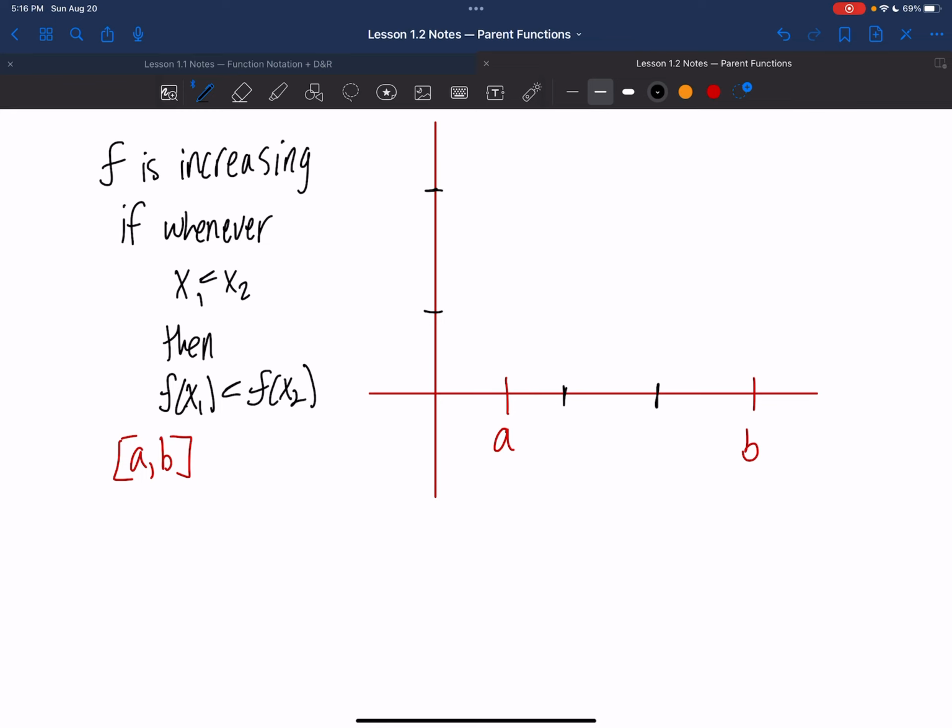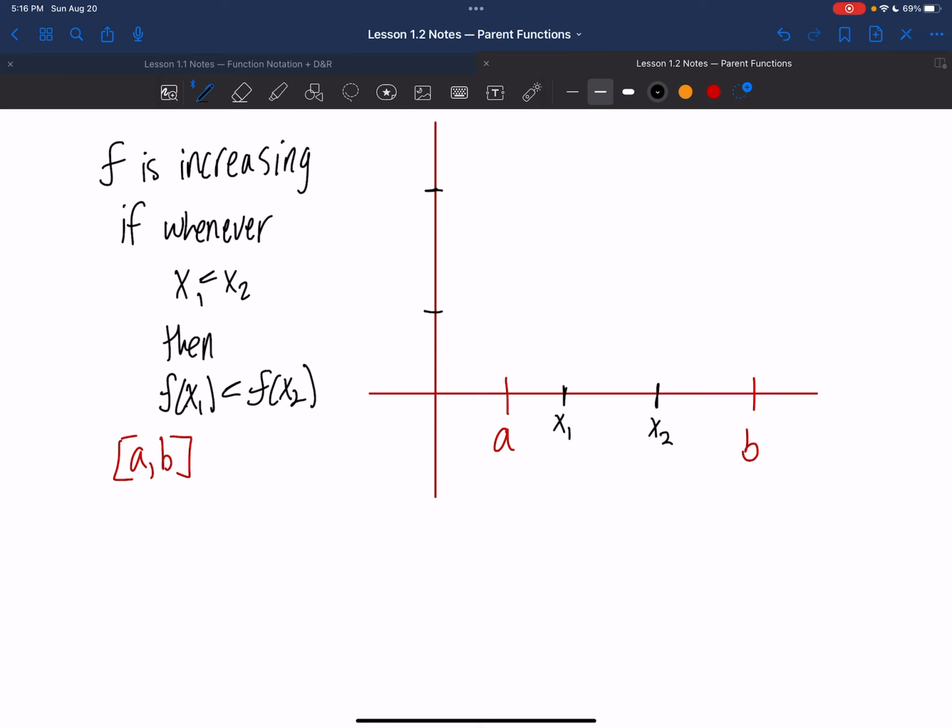So I need an x1 smaller than x2. So I had this little tick mark here, and I'm going to call that x1. I'm going to call this x2. And you can clearly see visually that x2 is bigger than x1. It's more, right? Because it's to the right on the x-axis.